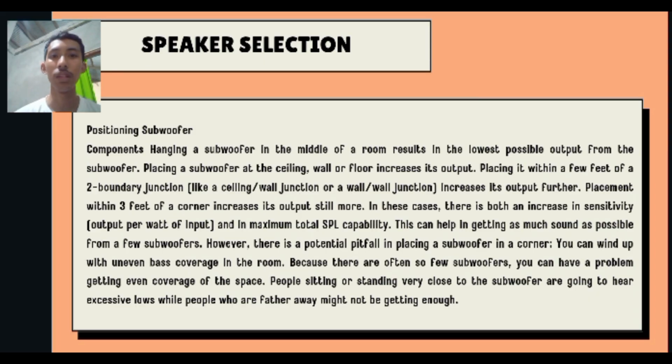You can wind up with uneven bass coverage in the room because there are often so few subwoofers, so you can have a problem getting even coverage of the space. People sitting or standing very close to the subwoofer are going to hear excessive lows, while people who are farther away might not be getting enough sound.